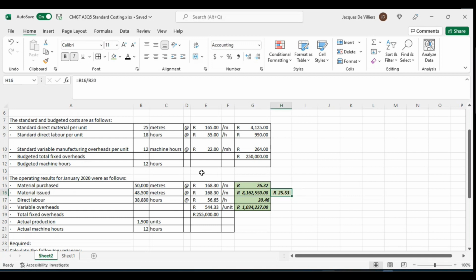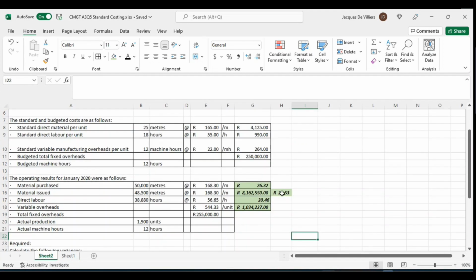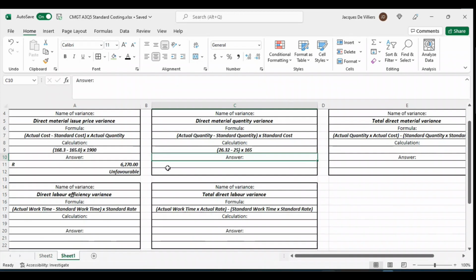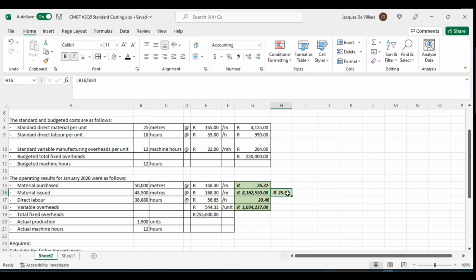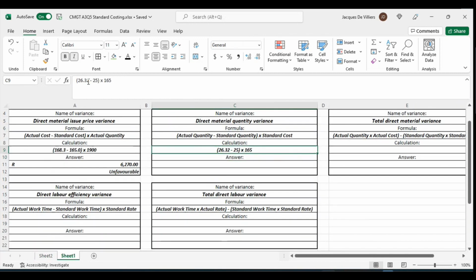Okay, so that is actually then, as I thought it should have been, 25 Rand 53. Now if I go and look here, I say that my actual cost, see, I made the mistake when I initially did the calculation. I looked at what was purchased and I should have looked at what was issued. So let me just fix that. That's not 26.32. That is indeed 25.53. So it's not that bad.